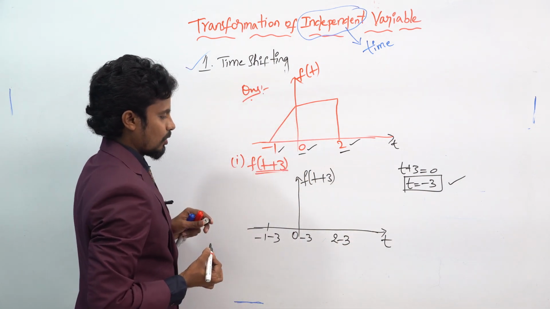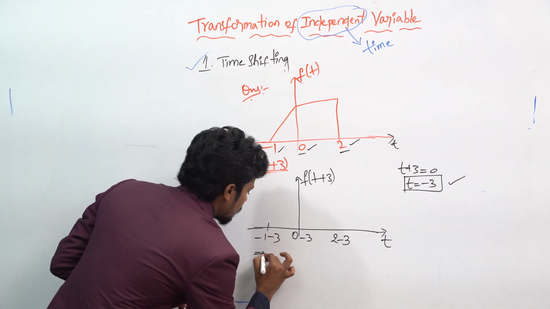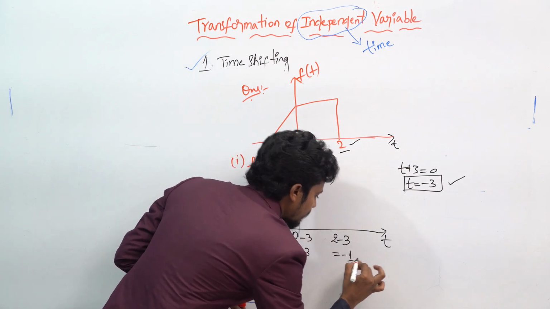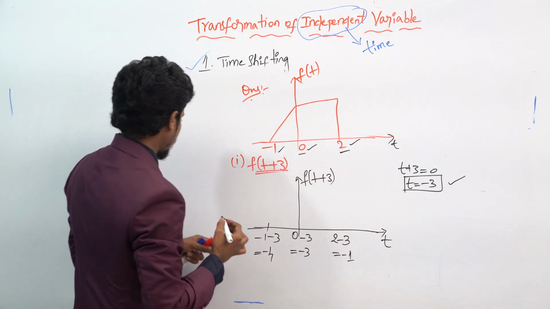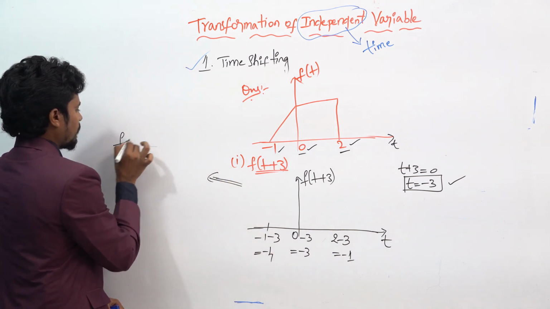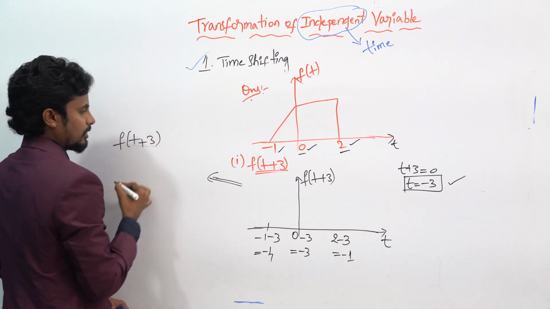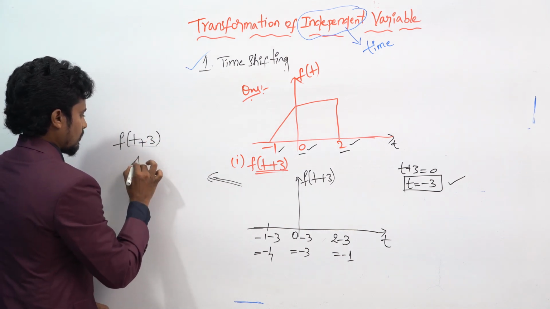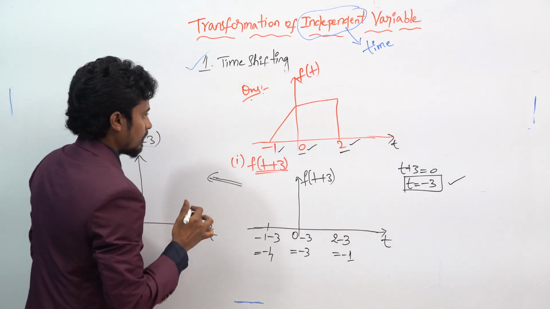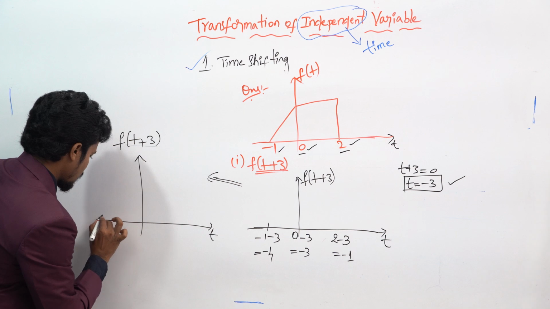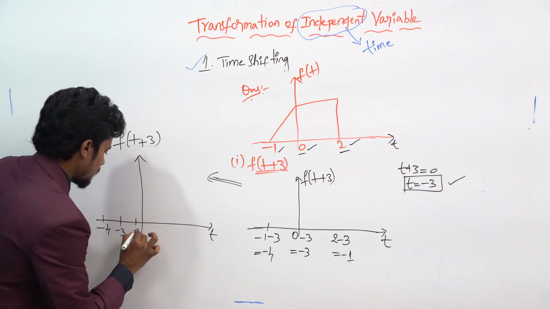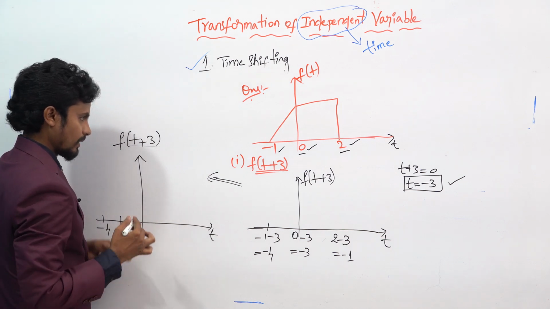Now let's draw the plot for this. This will become minus 4, this will become minus 3, this will become minus 1, right? The resultant plot of f of t plus 3 will be like this: minus 4, minus 3, and here minus 1.